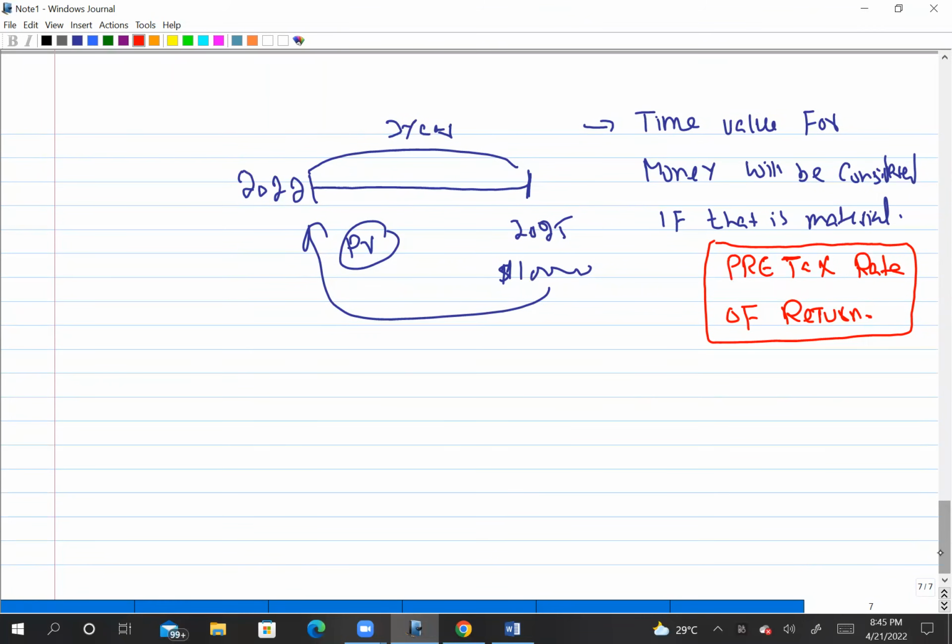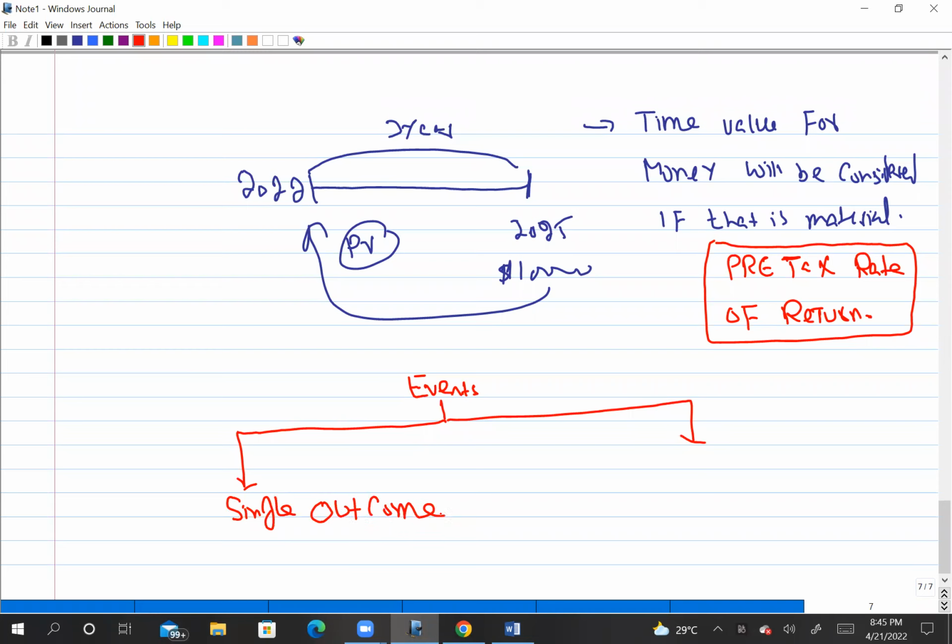Now, furthermore, we have 2 types of events where we will measure the provision. One is where a single outcome is expected.